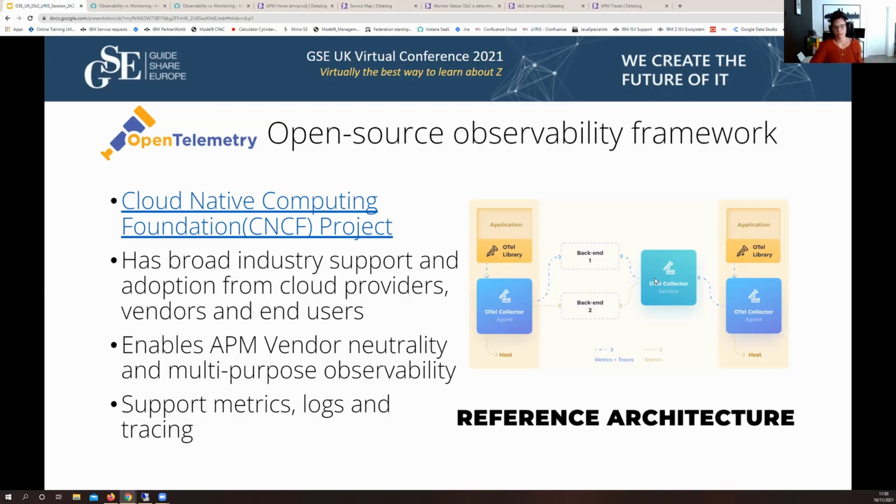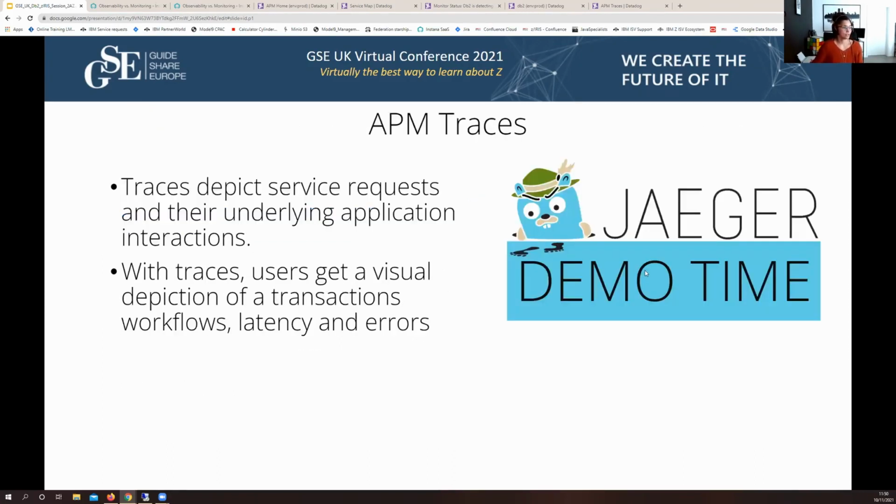That can be existing APM vendors, for example, Datadog. It could be open source technology like Jaeger or Prometheus, and many more. So let's look at Jaeger.